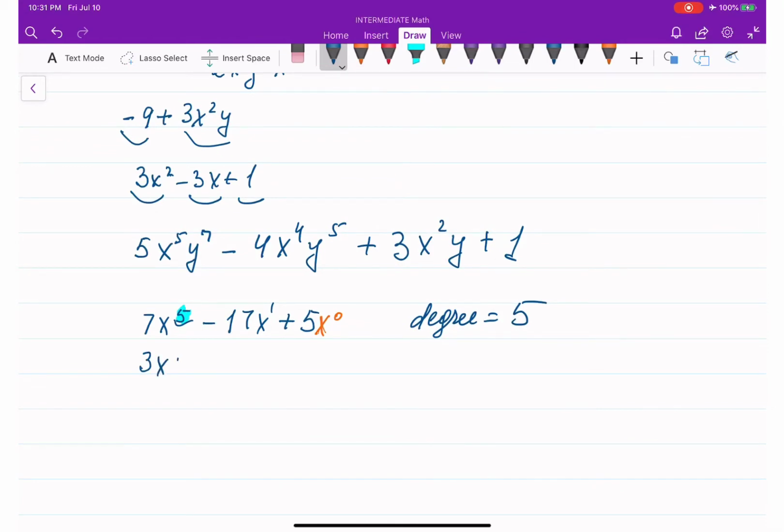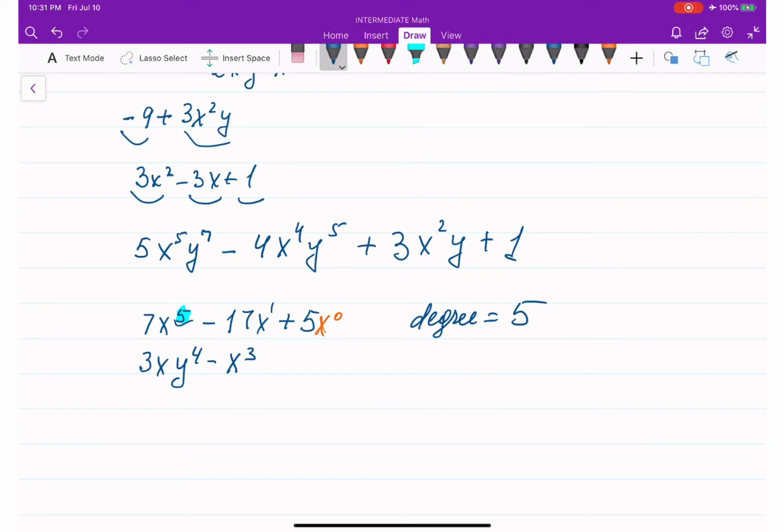Next one, 3x y to the 4 minus x cubed. What do we have? Two terms. Now when you have two variables, x and y, we need to identify the degree of each term, and the highest degree will go as the degree of the polynomial.